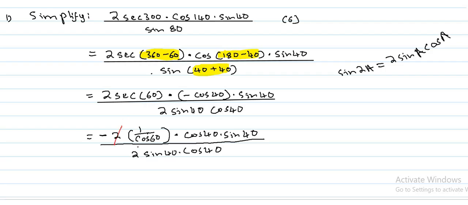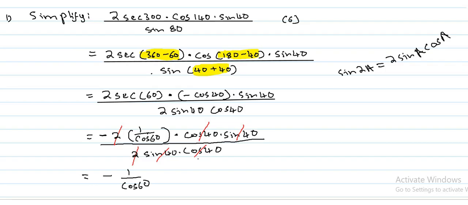Therefore 2 will cancel out 2 because there is multiplication. Sine 40 will cancel out sine 40. Cos 40 will cancel out cos 40. Then what are we left with? We'll be left with negative 1 over the cos of 60.